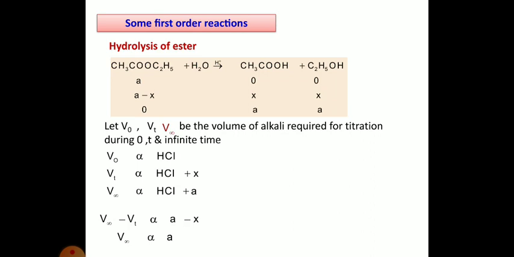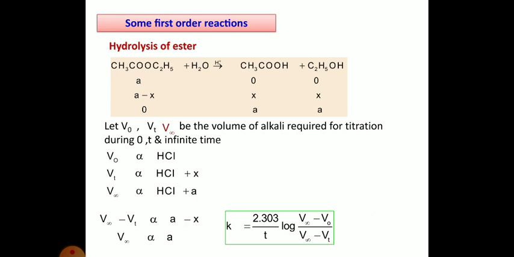That means the fraction of the molecules which remained at time t, and after the end of the reaction you find the volume at infinity. It will be directly proportional to the concentration of that particular species. And if you want to find K, the rate constant for that particular reaction, the formula will be like this: V infinity minus V0.